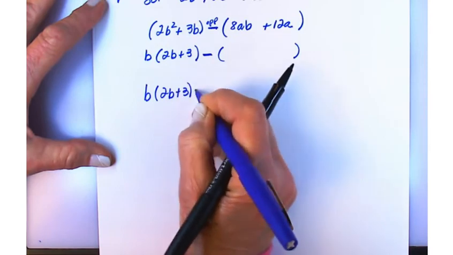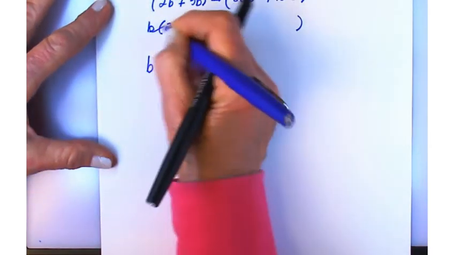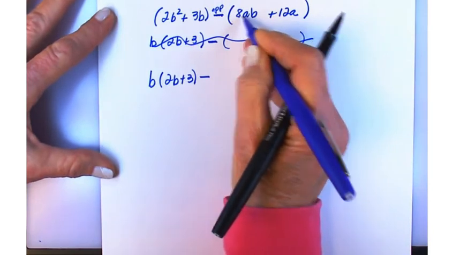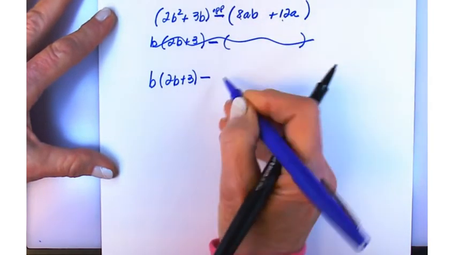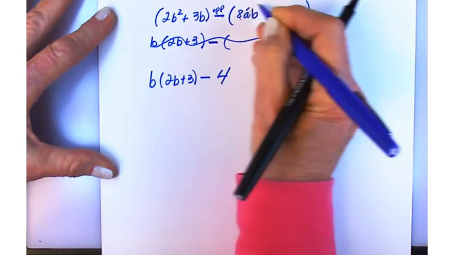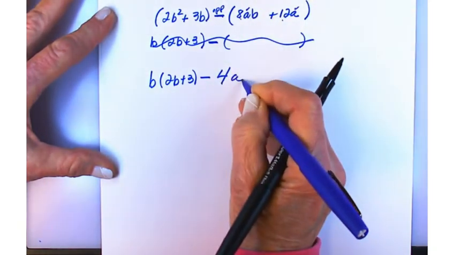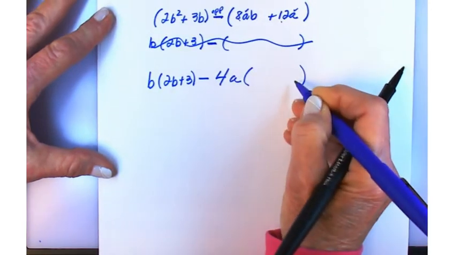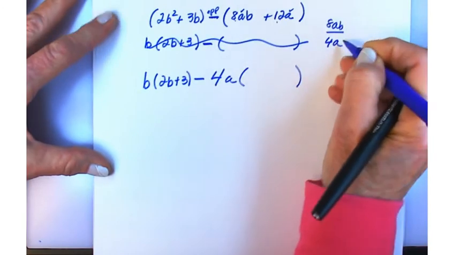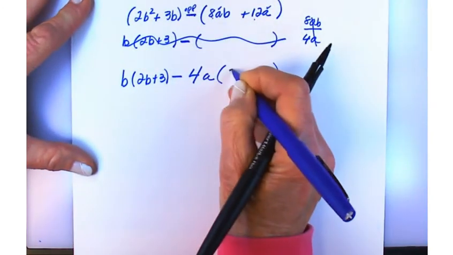So minus. So let's look. What I can factor out here, the number that divides 8 and 12 is 4. I have an a here and an a here. Okay? So what I'm left with is 8ab over 4a, and I get 2b.